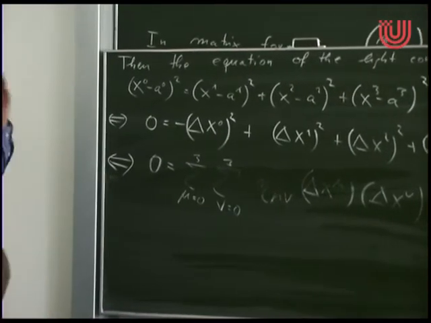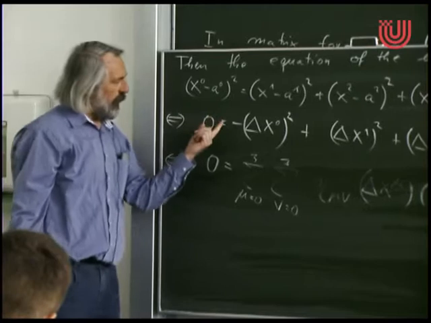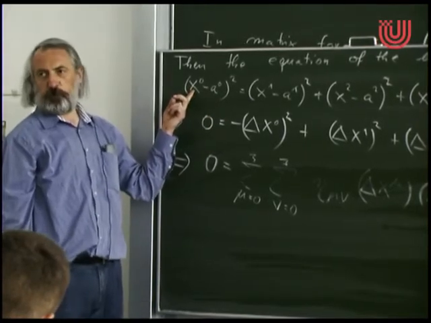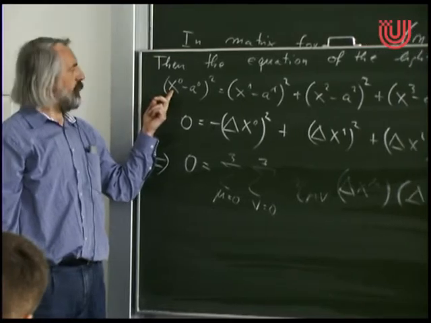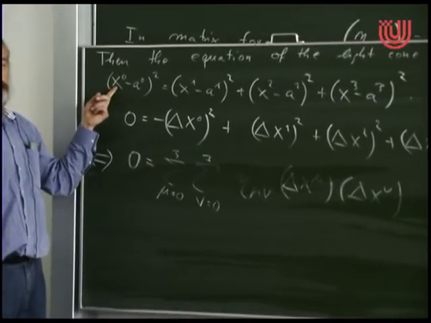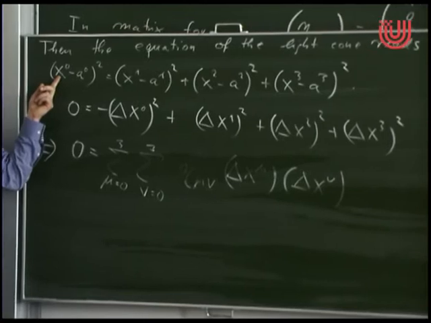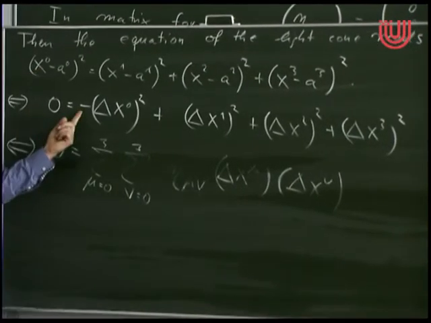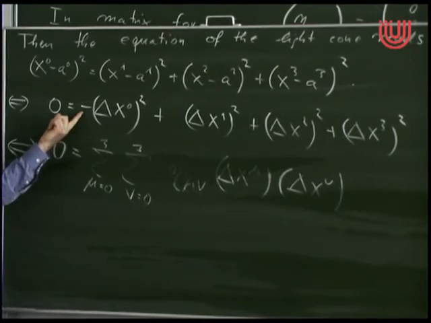And now you also see what I mentioned last time already, why some people introduced the imaginary unit in the time coordinate. I briefly told you that some people define x naught not as ct, as we do, but as ict, where i squared is minus 1. And you see that kills this minus sign here. Then you would have pluses everywhere, and it would look like a Euclidean product.